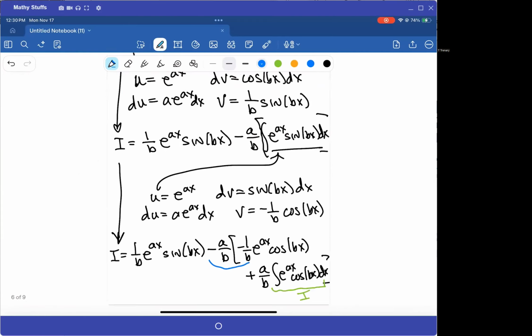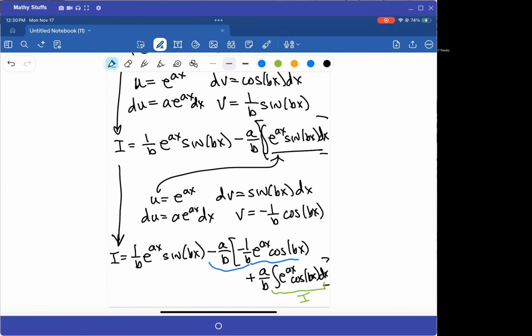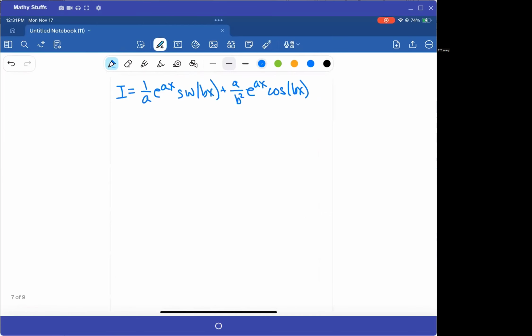Right, I'm just copying down this little bit here. And then I've got minus a over b times a over b. So that's going to become minus a squared over b squared I. That original integral pattern appears again.